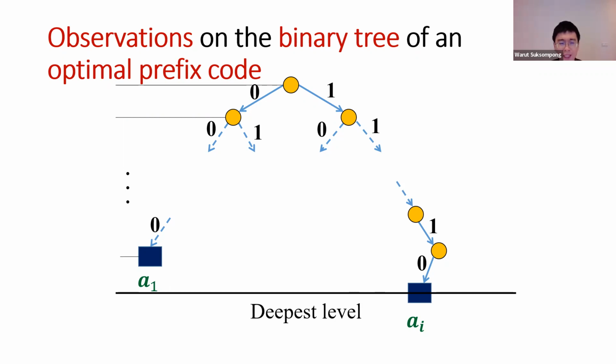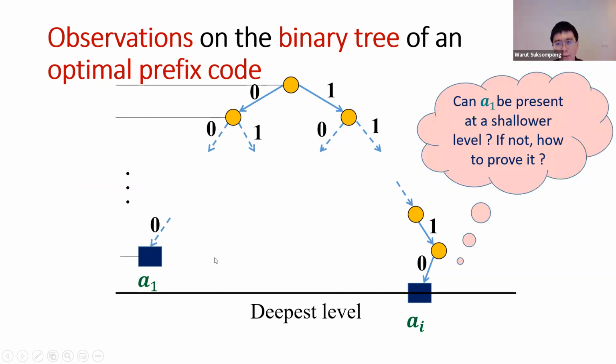So intuitively, the least frequent character should be as deep as possible, because they don't occur that often. We're fine with them corresponding to long encodings. So suppose Ai is at the deepest level, and A1 is somewhere in the tree. Now, can A1 be at a shallower level than Ai or not?